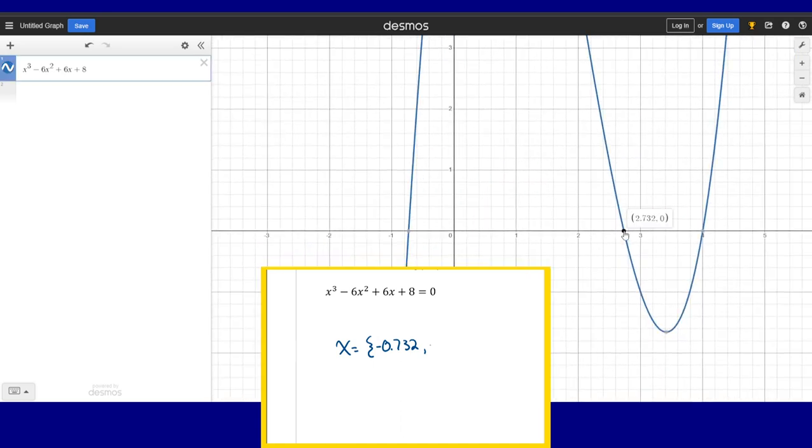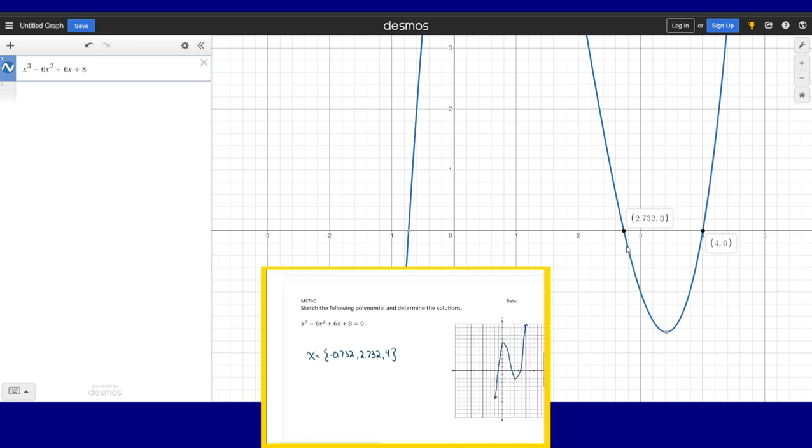I have 2.732. And the last one, I have 4. So I have three possible solutions for this polynomial: negative 0.732, 2.732, and 4. So again, all we're doing is just entering the equation into Desmos and looking for the x-intercepts.